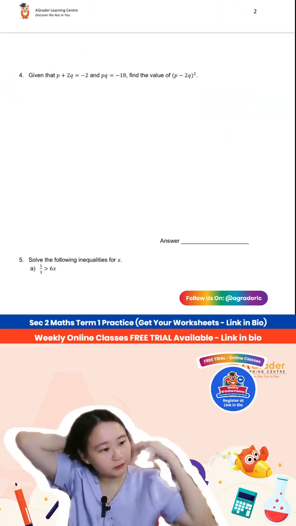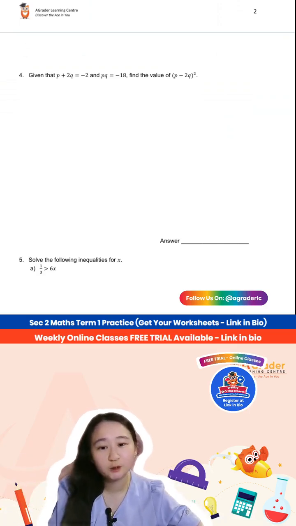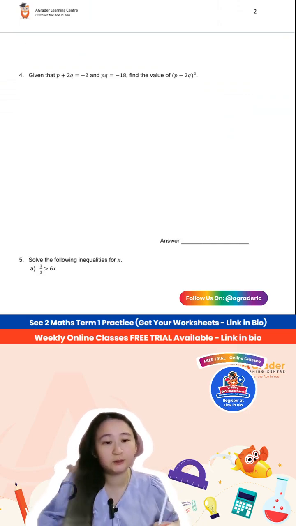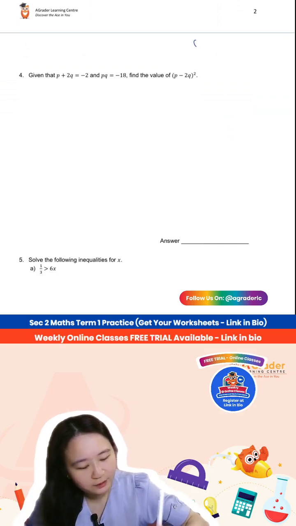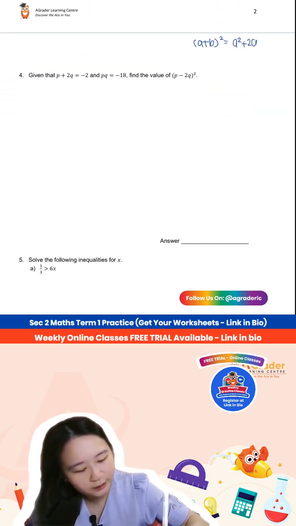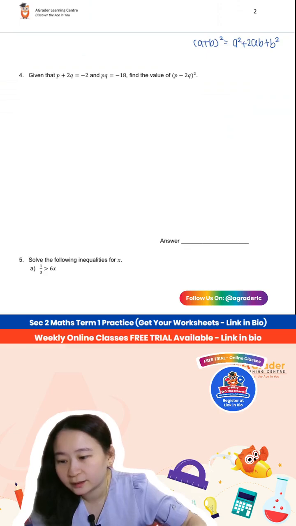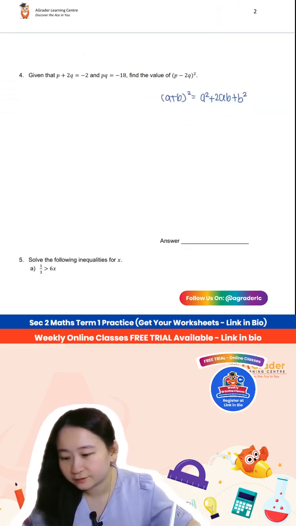So for this question, it will require you to use the special algebraic identities. What are the three special algebraic identities? We have a plus b squared equals a squared plus 2ab plus b squared. Can you all see? Let's shift it here first.